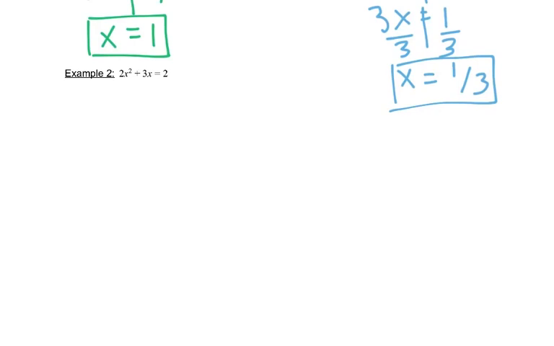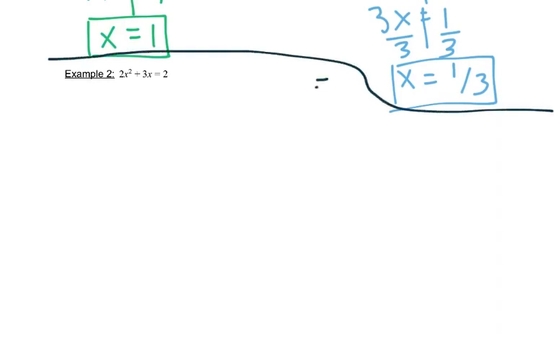Let's do one more example problem here. The first thing we need to recognize about example 2 is the quadratic is not equal to 0, okay? We need to see equals 0. So my first step is I need to move this 2 over to the other side, okay?